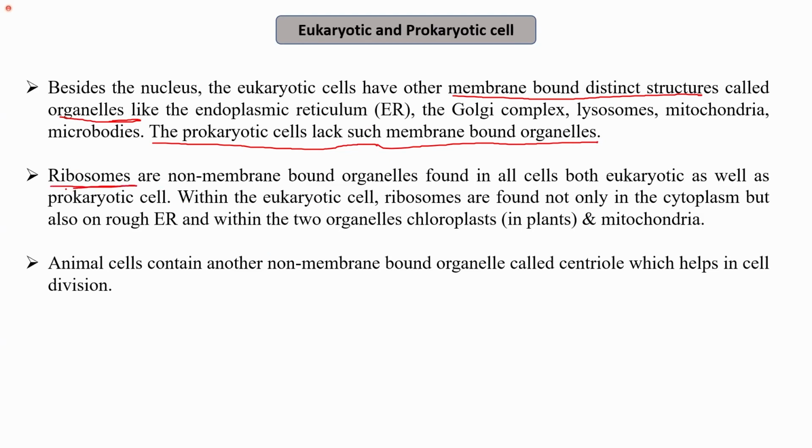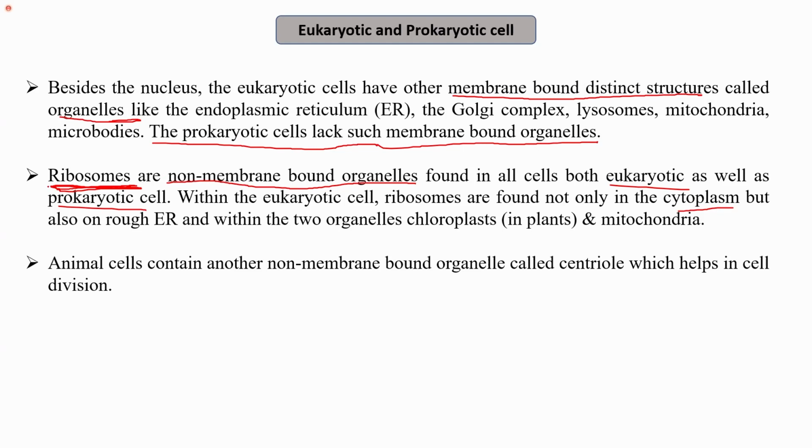Ribosomes play an important role in protein synthesis as well. These are non-membrane-bound cell organelles, and since they are non-membrane-bound, they are found in both eukaryotes as well as in prokaryotes. Within the prokaryotic cells, ribosomes are found only in the cytoplasm, because in a prokaryotic cell we just have the cytoplasm and naked DNA.